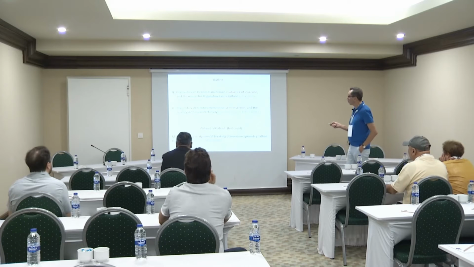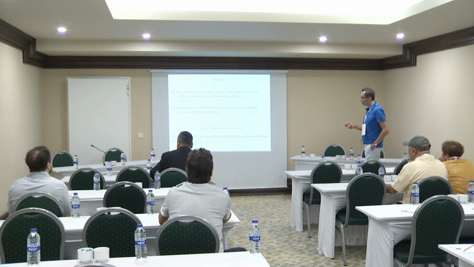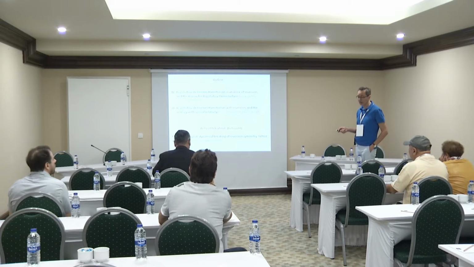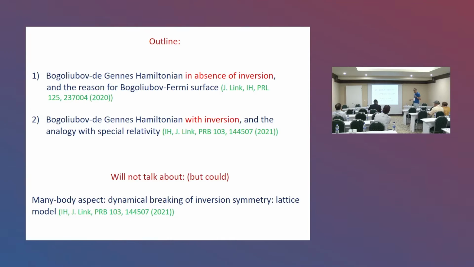I'll concentrate on our contribution, which is the case without inversion symmetry, that was initially thought to be absolutely crucial to obtain these surfaces in the older work by Achterberg et al. We'll go back to that as well and see that when inversion is present, in fact, there are some nice analogies with special relativity which allow you to see why Bogoliubov-Fermi surfaces appear in two lines, essentially.